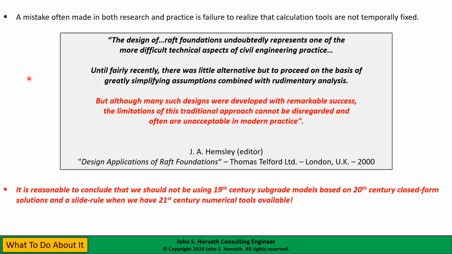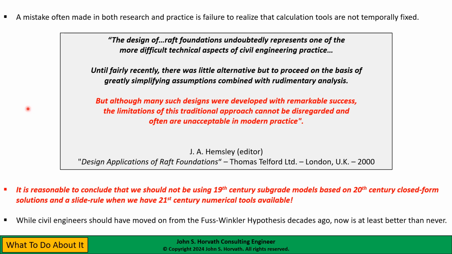I think it's very reasonable to say that we should not be using 19th century subgrade models based on 20th century closed form solutions and a slide rule when we have 21st century numerical tools available to us. We, of course, should have moved on decades ago.